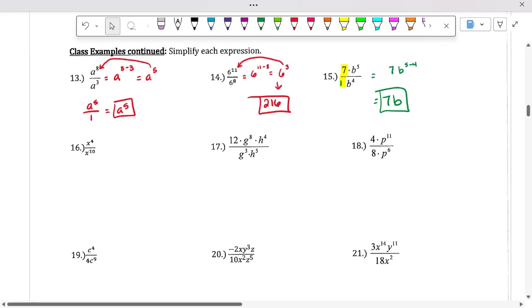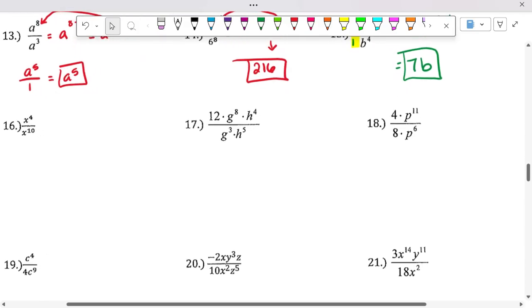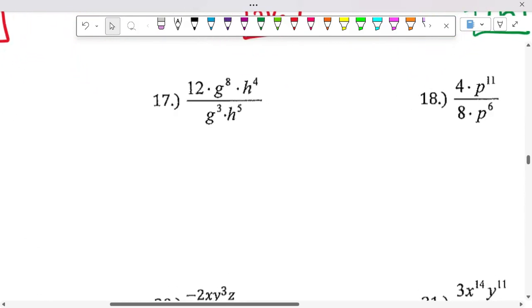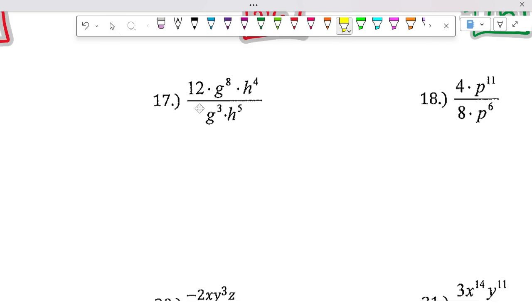All right, let's up the ante a little bit. So, 17. Remember, there's an unspoken 1 here. So we divide 12 by 1, we're still going to end up with a 12 in the numerator. So I'm just going to go ahead and draw my fraction bar and put 12 there.